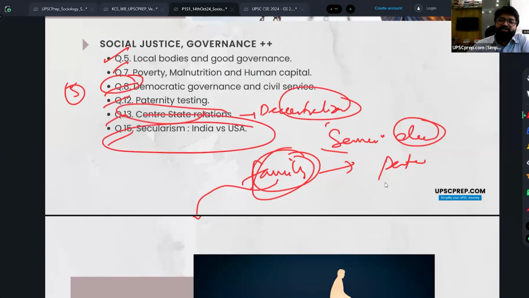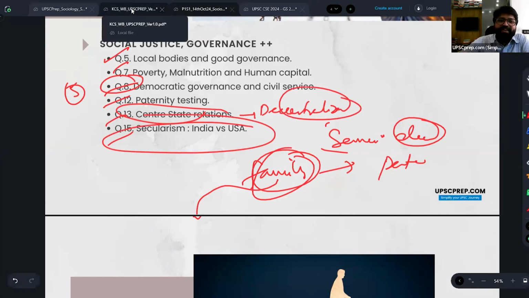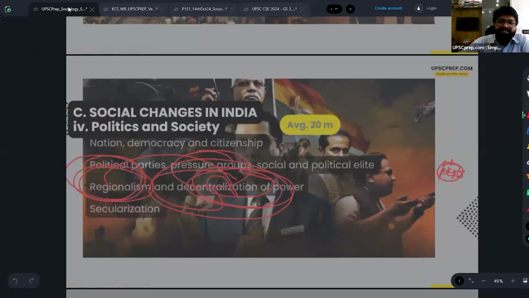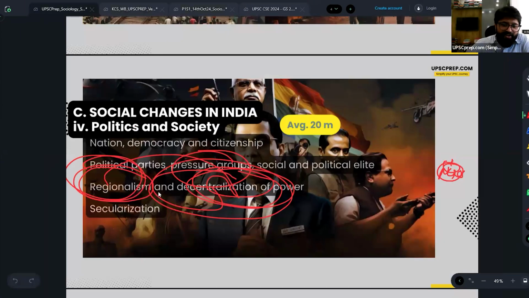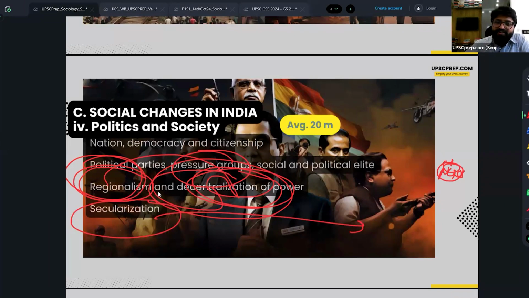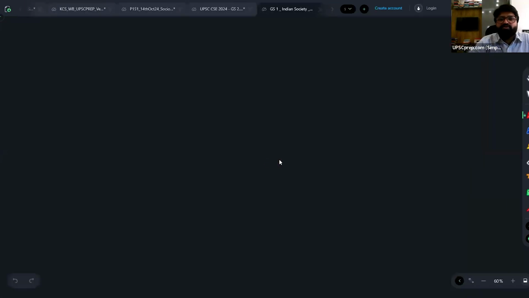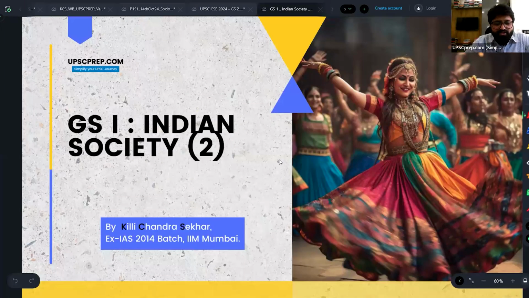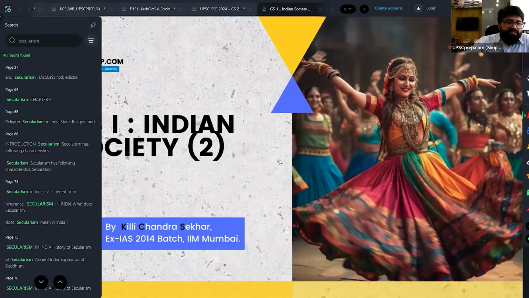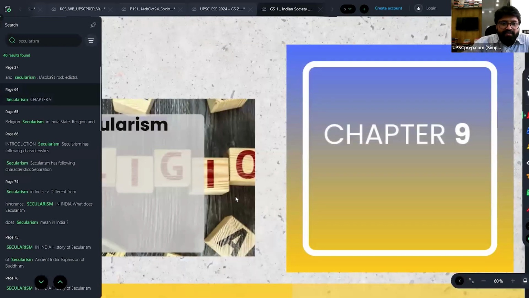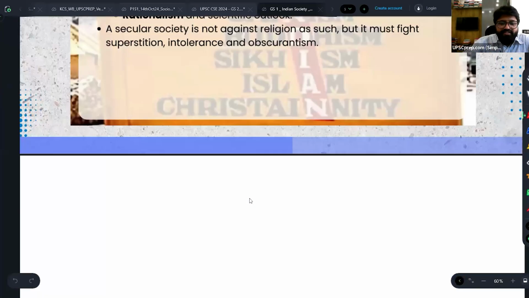Secularism, let me show you secularism directly. When we study secularization, we differentiate between secularization and secularism also. So let me open what I've discussed. I've used the slides of paper 1 also. Here I've used it in the sociology session on secularism. Look at this question.